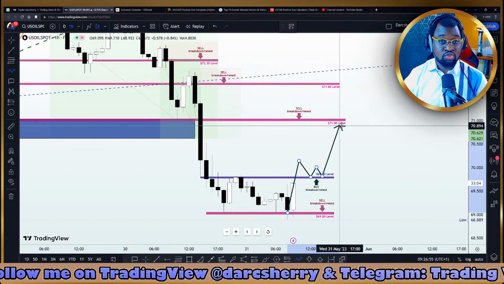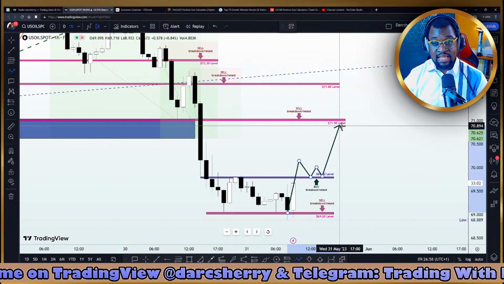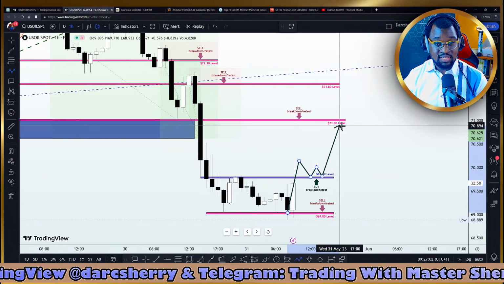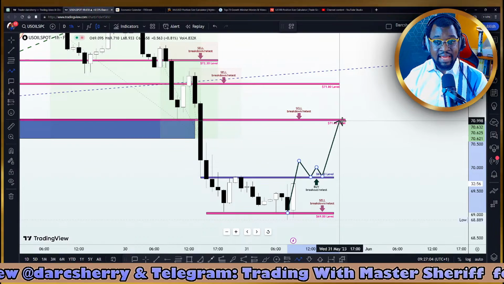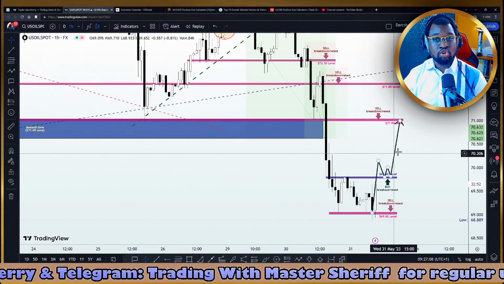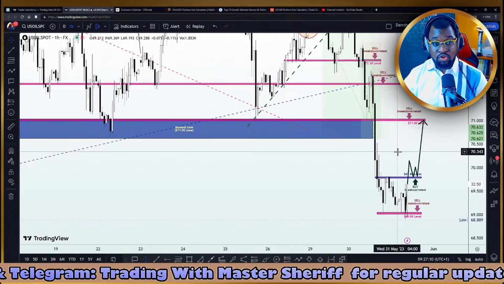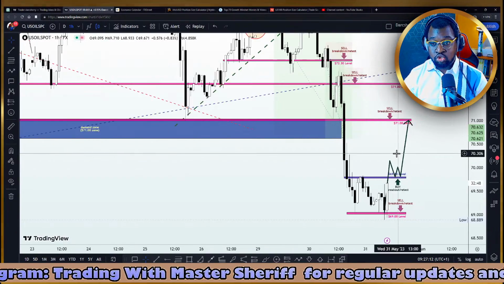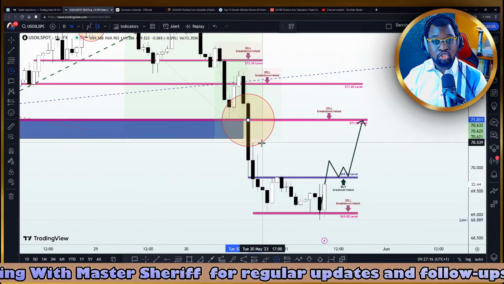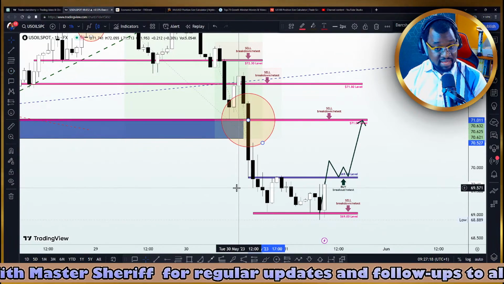Now, there is a caveat to this whole structure here, that is, if we now continue to buy and join the bullish momentum to the upside and price action gets into the $71 level, remember how important this structure has been in the last couple of weeks. It has been a very strong demand zone before we saw price action break down the structure here yesterday.